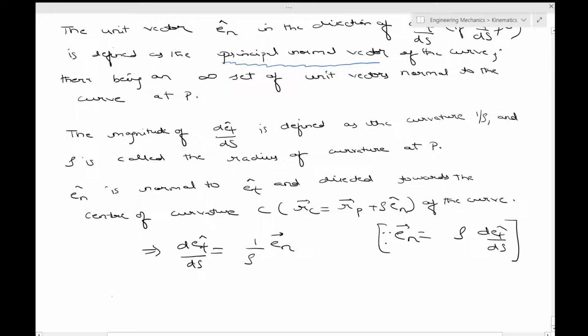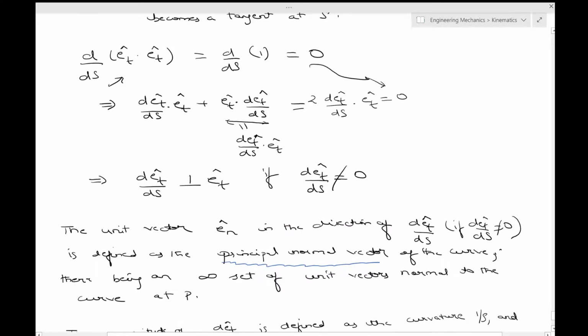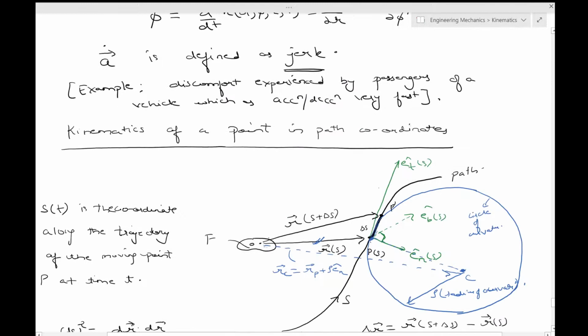Now, to complete a triad, obviously the third leg has to come in now, that would be Et cross En. This is called the binormal vector. Actually, I refrain from saying that this binormal vector EB, which you see as this green dashed line over here, is inside the screen.